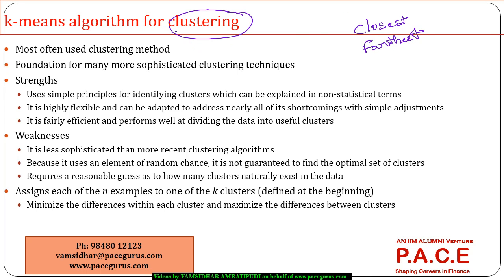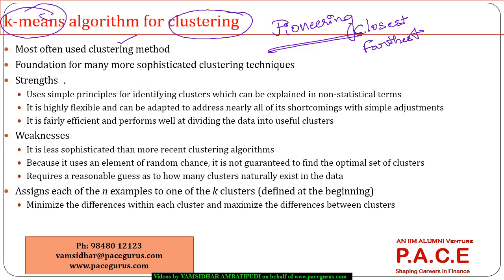There are different ways of doing it, but one of the most popular, very commonly used ones is called the k-means clustering algorithm, which is kind of a pioneer in this clustering process. Of course, after that various other techniques came up in the world of clustering, but this is the base for the majority of the new clustering algorithms that came up.